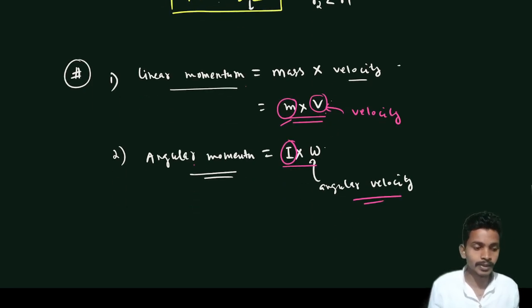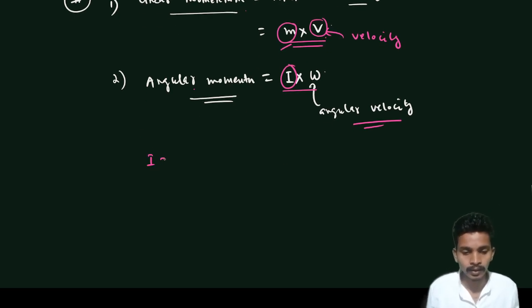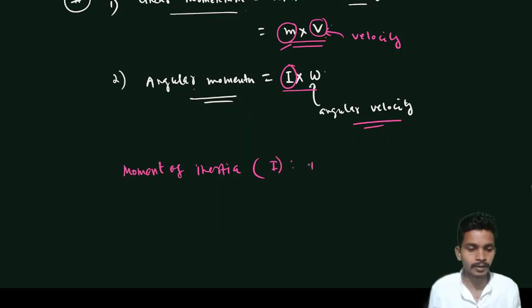And for the definition of moment of inertia, this is represented by I. It is the amount of torque, actually.